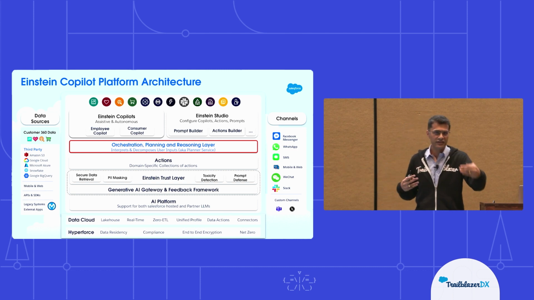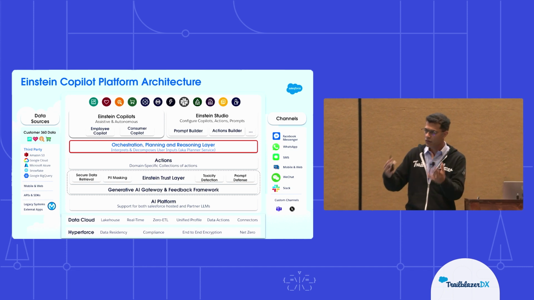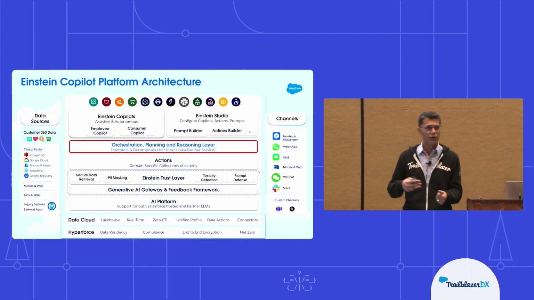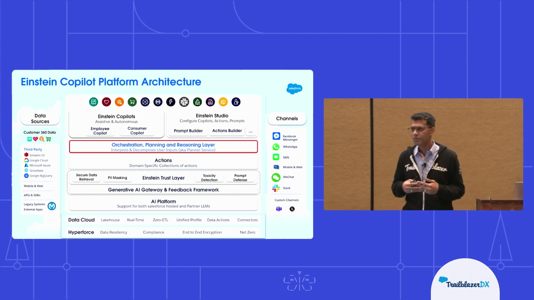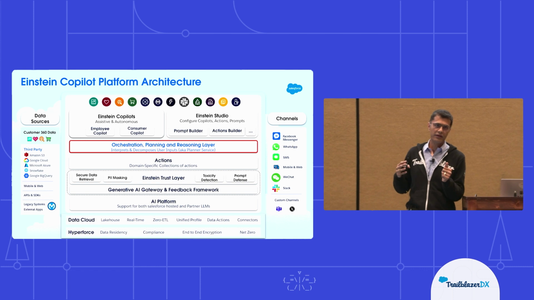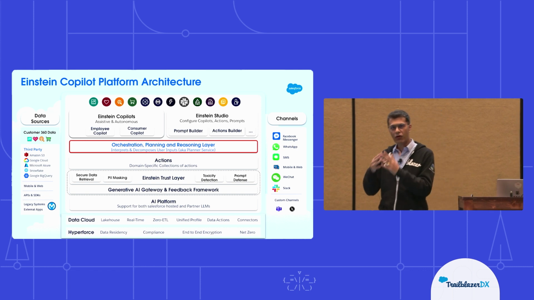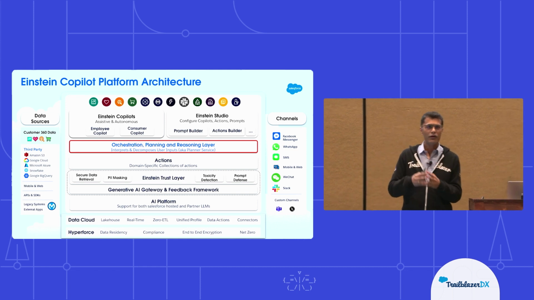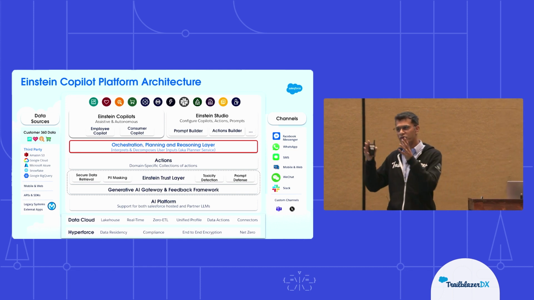If an action is sensitive, it will go back to the user for confirmation. If an action produces multiple outputs and the next action is taking only a single input, it will go back to the user for disambiguation. And the most important thing is that the planner service will execute all of this in user context. So the data that is accessed and the actions that are executed are all going to be scoped to that user's perm set.